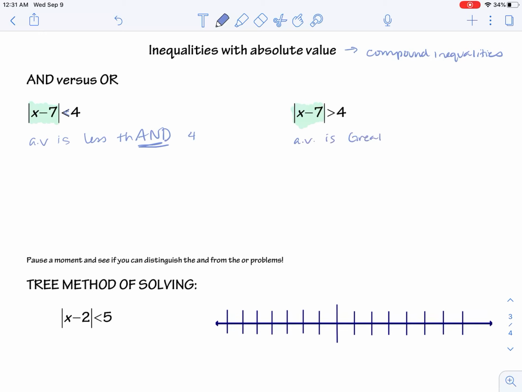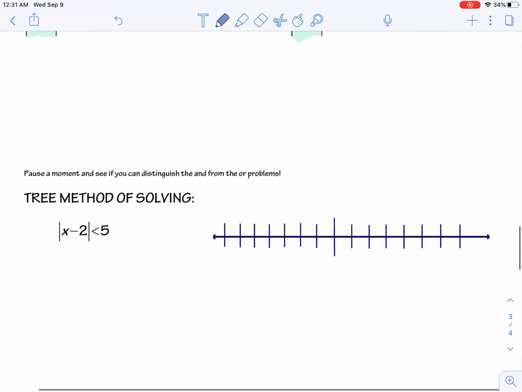So the one that has the or in it is the or statement, and the one that has the and in it is the and statement. And it's a good way to keep track of it. So all absolute value inequalities that have a solution that are and will work like this. So take a look.